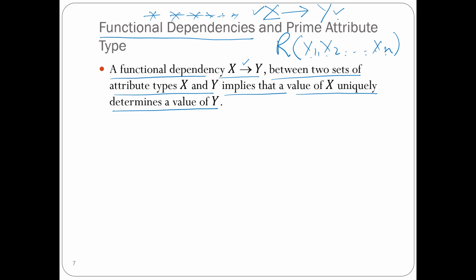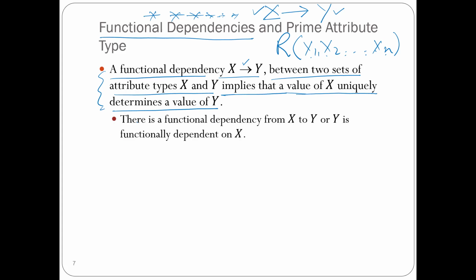All right, let me read this one more time, guys. Again, an extremely important topic. Make sure that you understand the definition, and that you can work on problems related to this functional dependency concept. So a functional dependency X to Y, which is X arrow Y, between two sets of attribute types X and Y, implies that a value of X uniquely determines the value of Y. Now, if there is a functional dependency from X to Y, there are multiple ways of stating the same information.